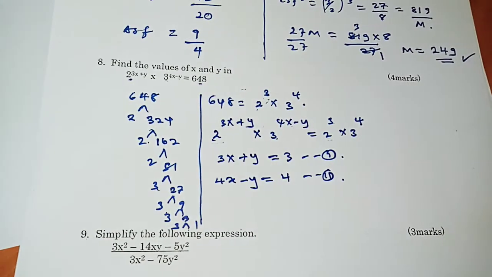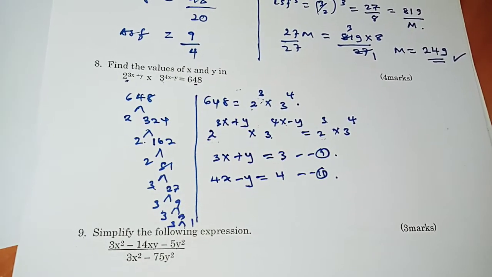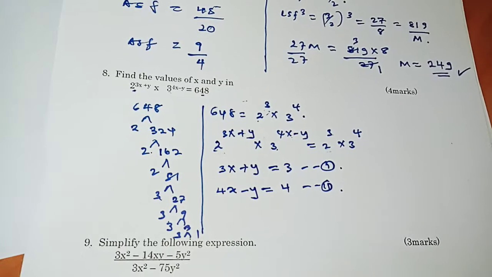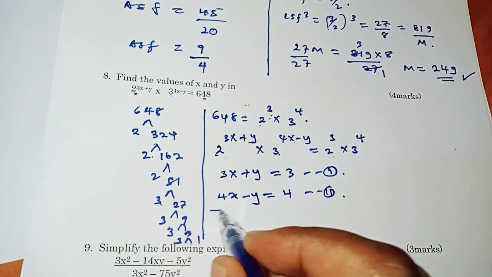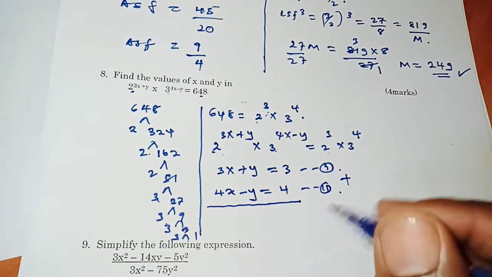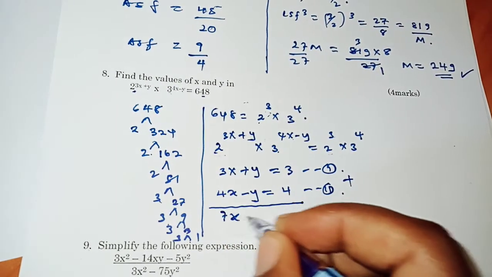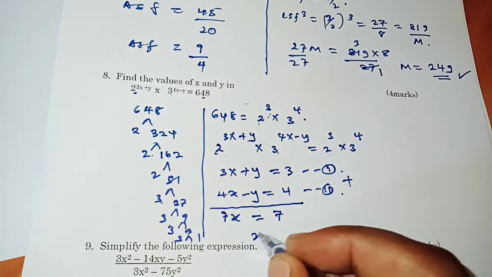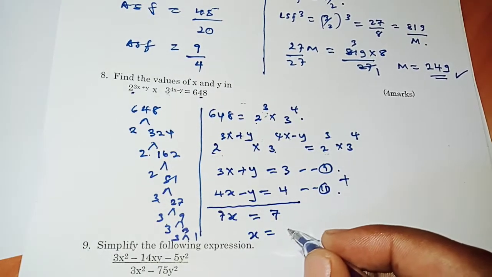So here we have a system of two equations which we are going to solve using the elimination method, right? So if you add the first and the second equation, you're going to have 7x equals 7, and so this shows me that x equals 1.